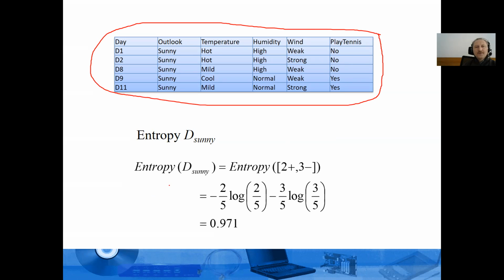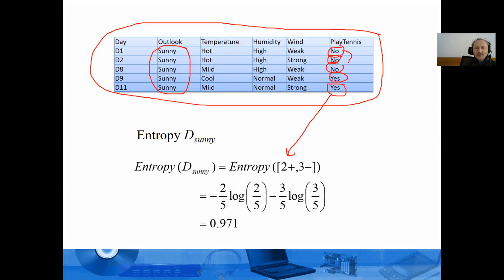Again, you can find the entropy of sunny. How many of them belong to the yes class? 2 of them. How many belong to the no class? 3 of them.